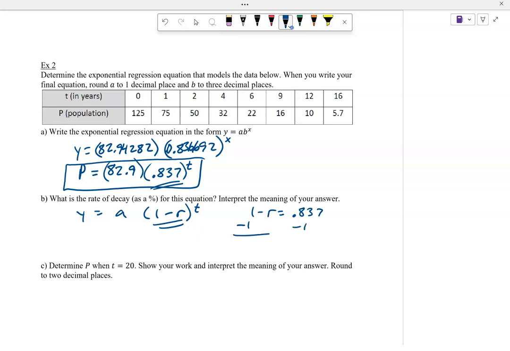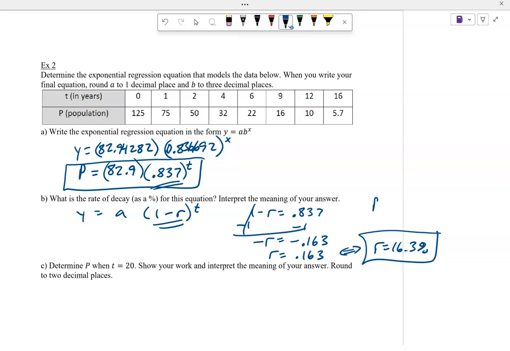Let me subtract 1 on both sides. I got negative r equals negative 0.163. Divide by negative 1 on both sides, so I get 0.163. So the decay rate is 16.3%. So the population is decreasing.